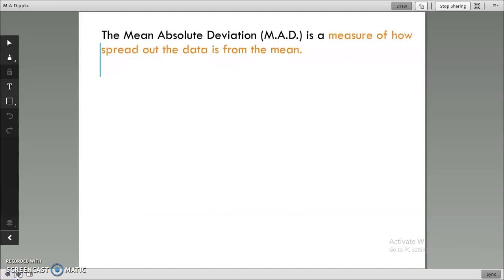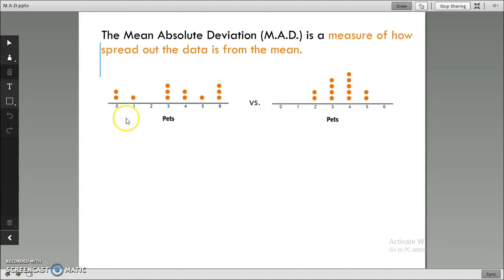So the mean absolute deviation is a measure of how spread out the data is from the mean. So for example, here is a dot plot, a line plot of pets. So here's a survey of one group of people and a survey of another group of people. And as you can see, the data is different. So my mean for the first group is here, and you can see this is the spread.